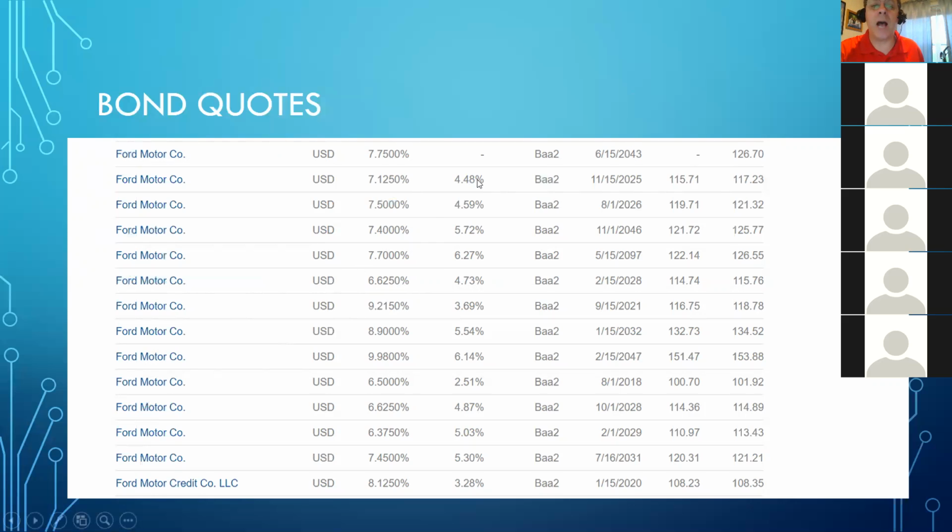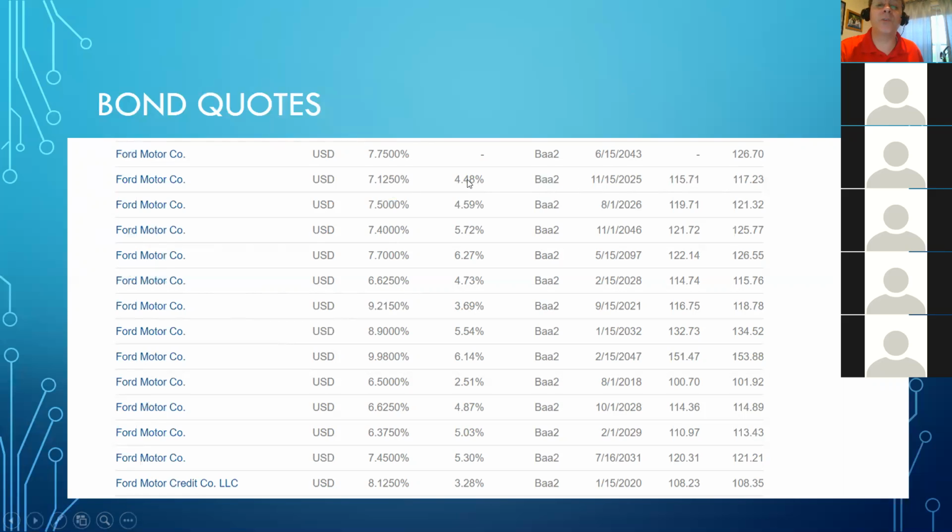But it goes in the opposite direction of this price or the value over here. So if this were to go up towards 7%, these would go down towards even 100. And then if this were 7.125 and this were 7.125, this would be exactly 100, the value.